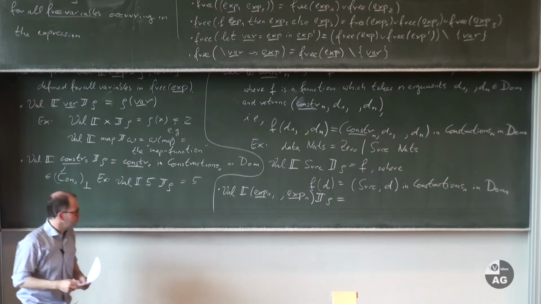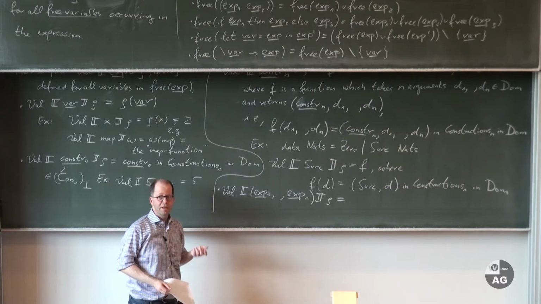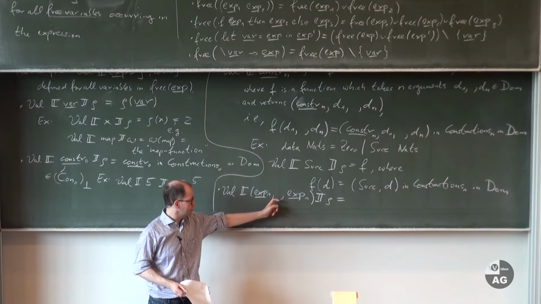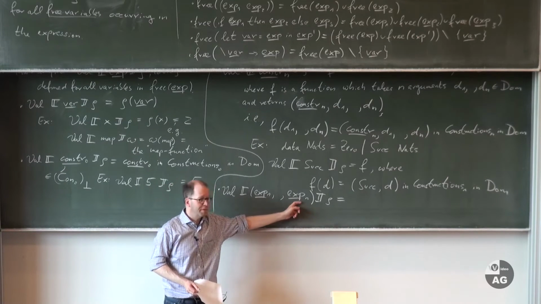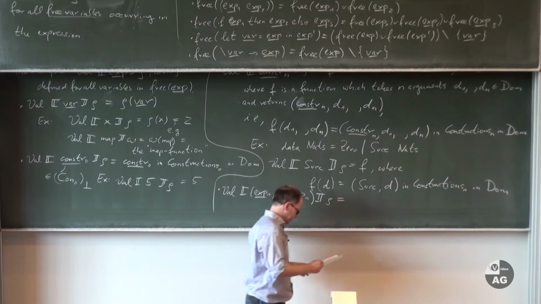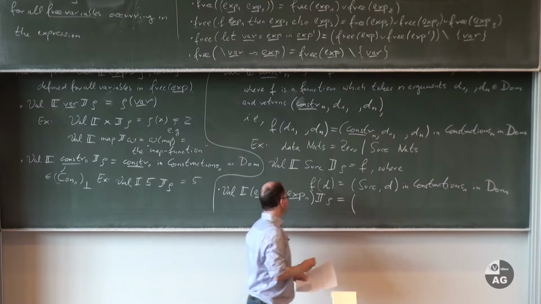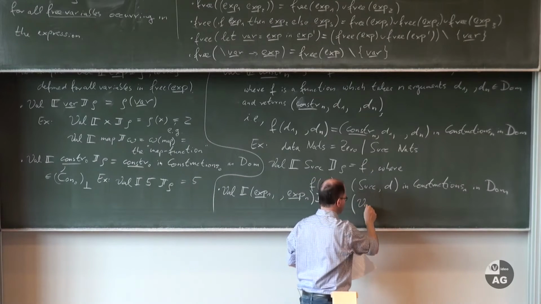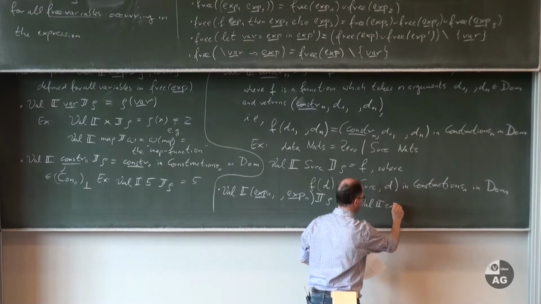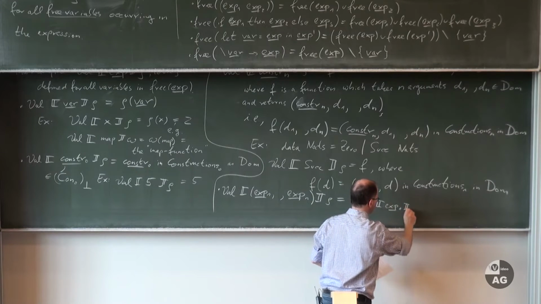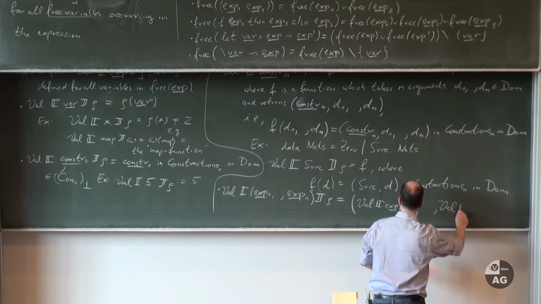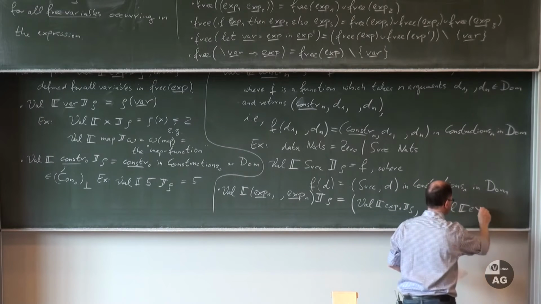So the semantics of this expression will be the tuple consisting of the semantics of x1, the semantics of x2, and so on, and the semantics of xn.